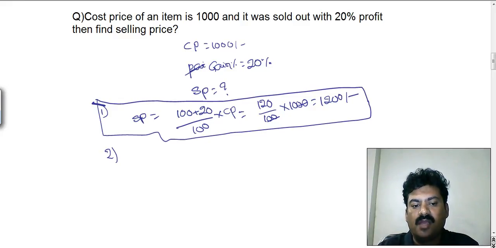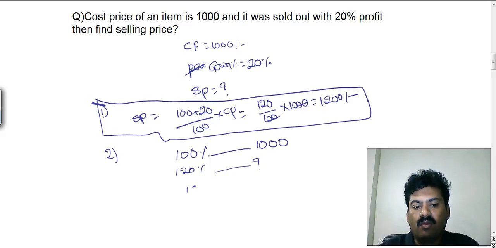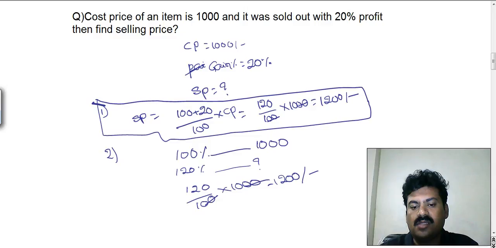Then 100% amount is equivalent to 1000. After selling the item, our amount becomes 120%. Now we can write it as 120 by 100 into 1000, that is equivalent to 1200. Completely we can calculate the selling price, that is 1200.